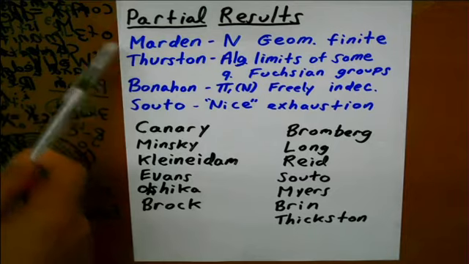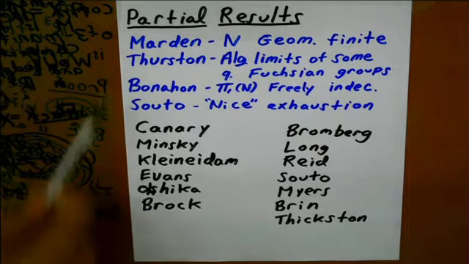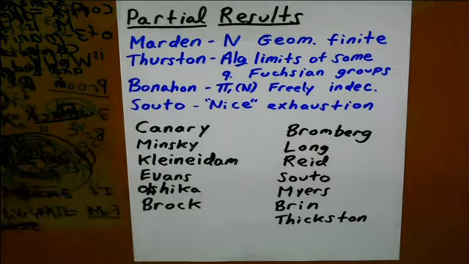In all these cases, the elements that went into understanding them were very influential in the final resolution, at least from the point of view of Danny Calegari and myself. And then, as Dick went into in more detail, there are a lot of other interesting partial results.